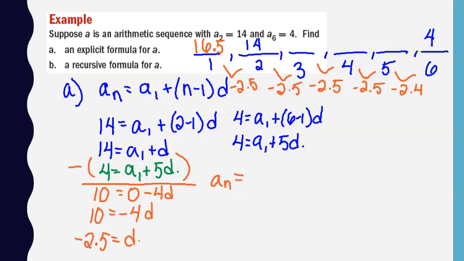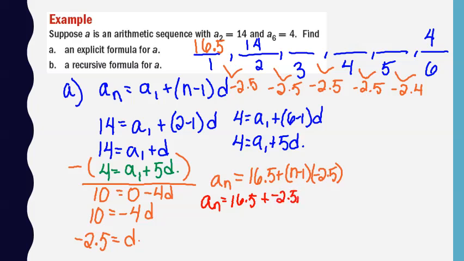which means my explicit formula a sub n has to be given by 16.5 plus n minus 1 times our constant difference of negative 2.5. Now we could leave it like that, but that's an easy equation to simplify, so we're going to go ahead and do that. I get a sub n, my nth term, is equal to 16.5 plus, distributing my negative 2.5, negative 2.5n plus 2.5.